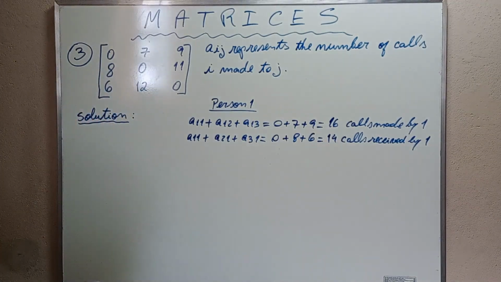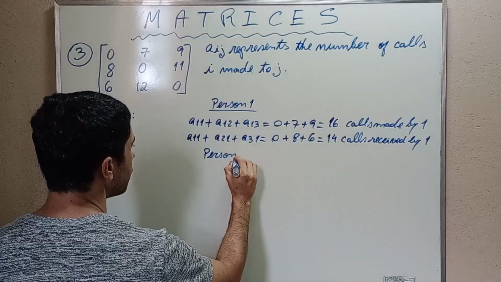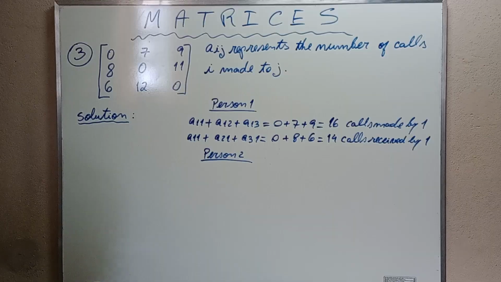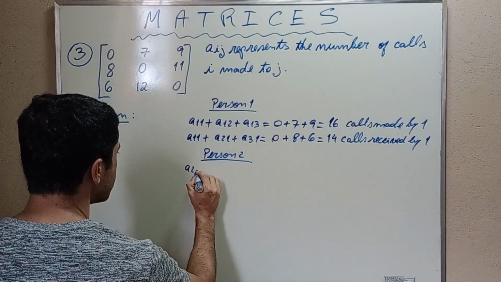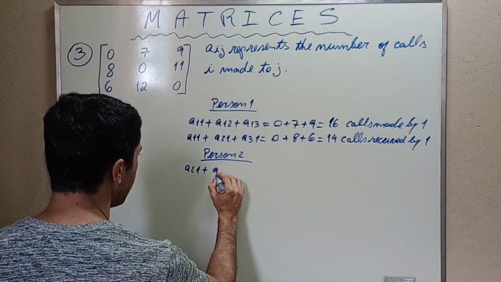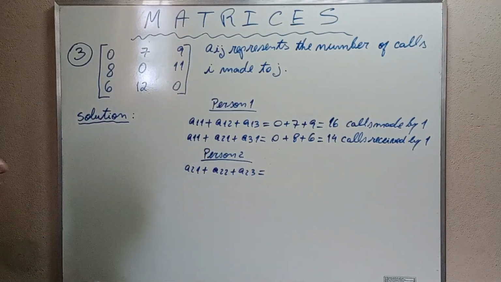We are going to do the same for person 2 now. The sum A21 plus A22 plus A23 represents the number of phone calls made by 2.